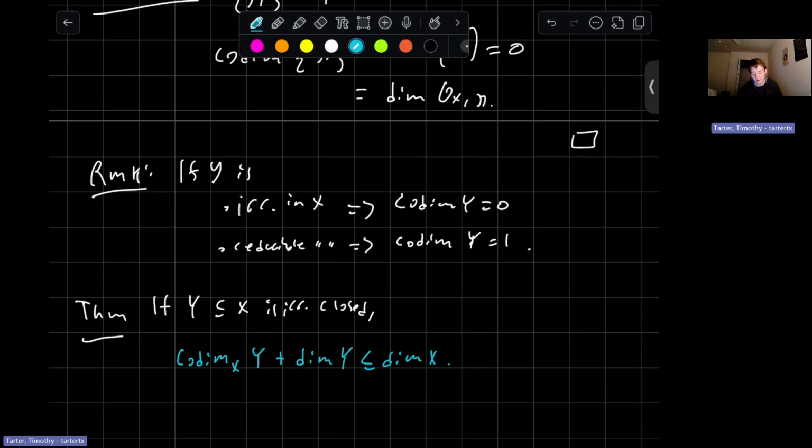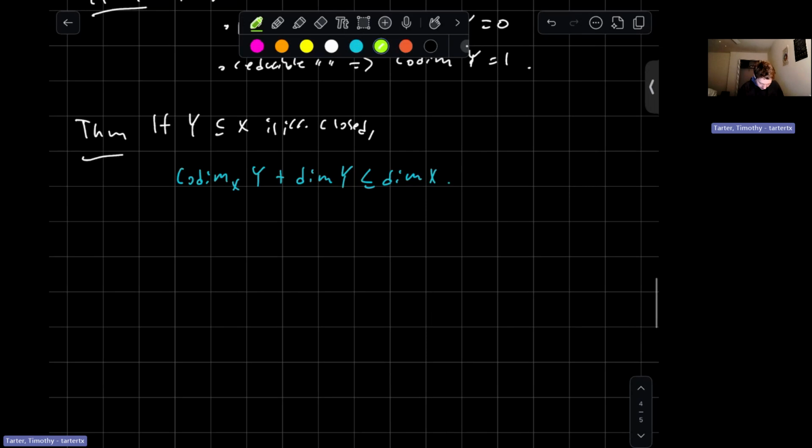But if X is maybe reducible, it's not. And that actually makes sense. So I think that's a very reasonable thing to say. So less than if and only if X is reducible.